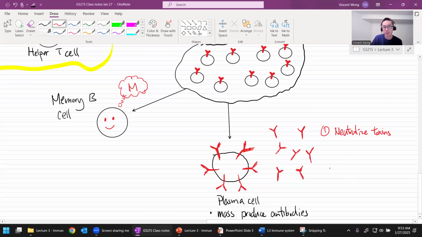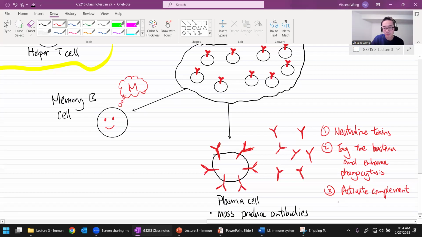If the bacteria produce toxins, it will, number two, tag the bacteria and enhance phagocytosis. They can, number three, activate complement to form membrane attack complexes, right?